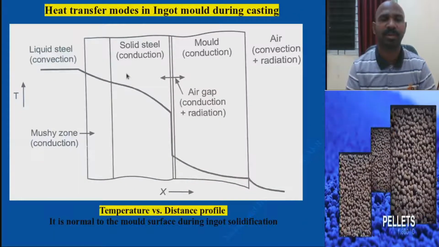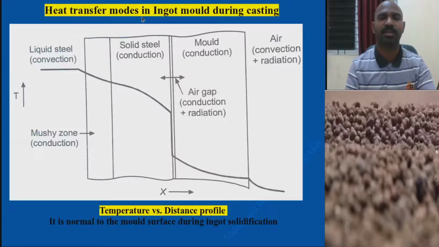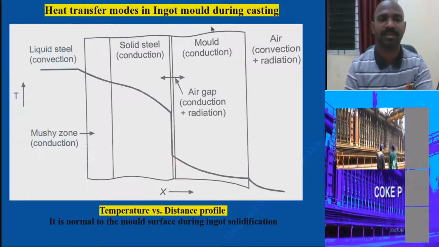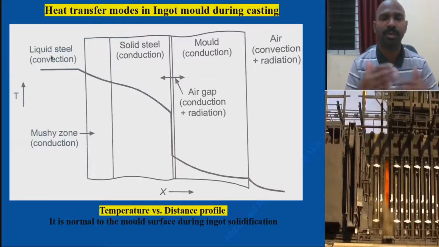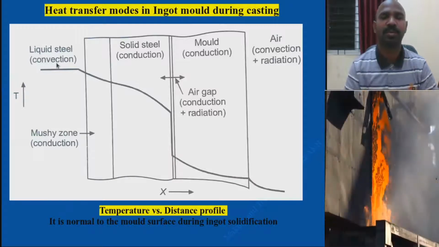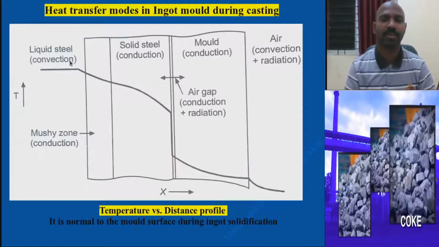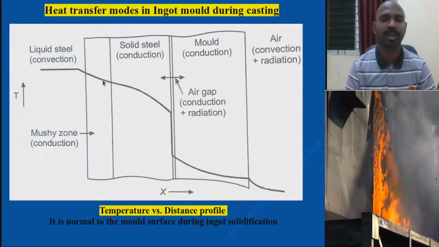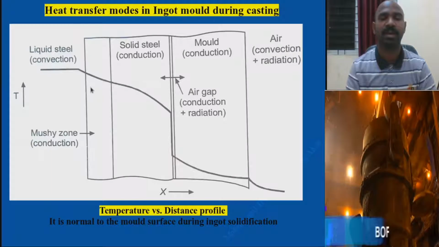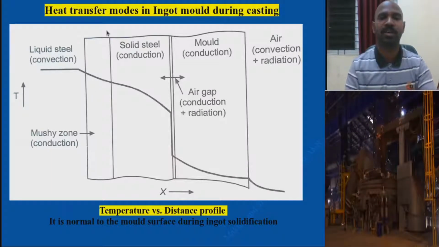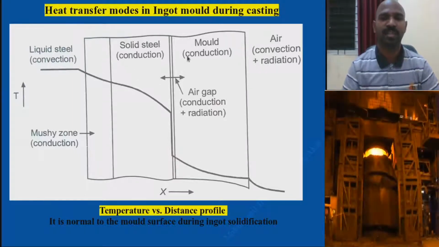Now, if I take one particular ingot mold, what are the heat transfer modes in ingot mold casting? For example, the highest temperature is for the liquid steel. The heat transfer within the liquid steel we call convection heat transfer. As the temperatures drop down, latent heat goes out and heat dissipation occurs after pouring, when the liquid steel comes in contact with the mold.